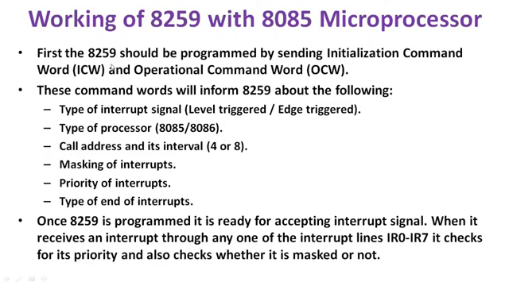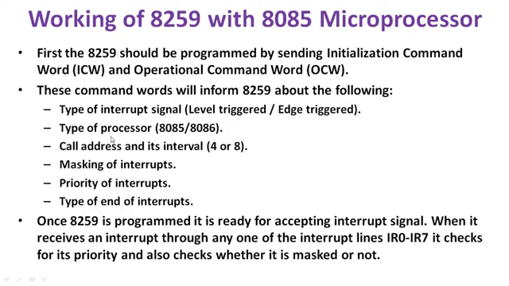Next, first the 8259 should be programmed by sending the initialization command word, that is ICW, and the operational command word, OCW. These command words will inform the 8259 about the following. From the initialization command and operational command word, the 8259 will understand the type of interrupt signal, whether it is level triggered or edge triggered.